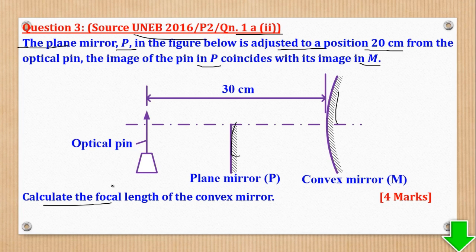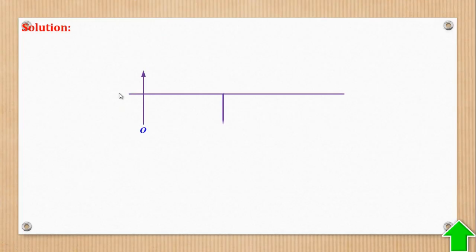Calculate the focal length of the convex mirror. This one needs you to remember image formation on a plane mirror, that the object distance is equal to the image distance. So let's make a sketch to easily visualize it.